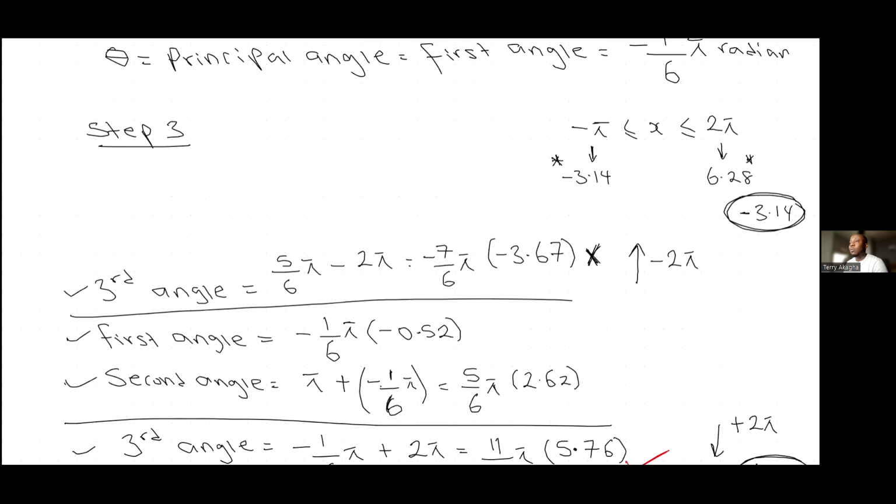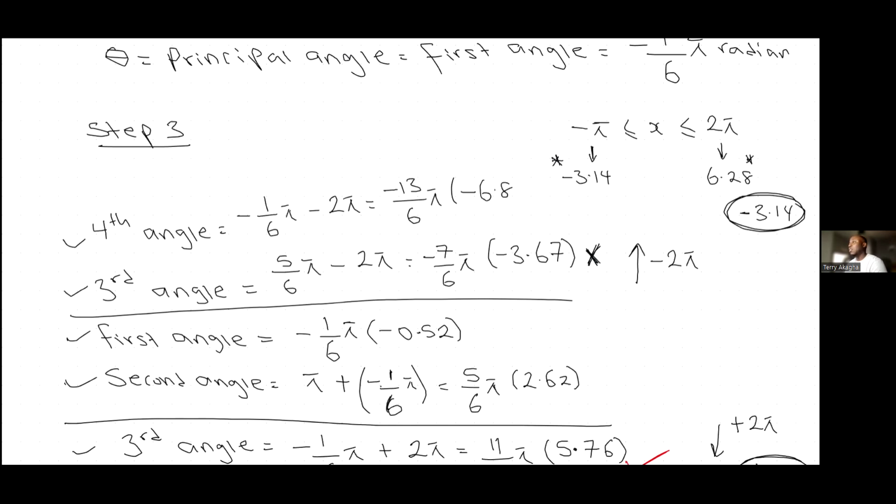So the fourth angle in the negative direction is going to be minus 1 over 6 pi minus what? 2 pi. So minus 1 over 6 pi minus 2 pi is going to give you minus 13 over 6 pi, which is the same thing as minus 6.81.